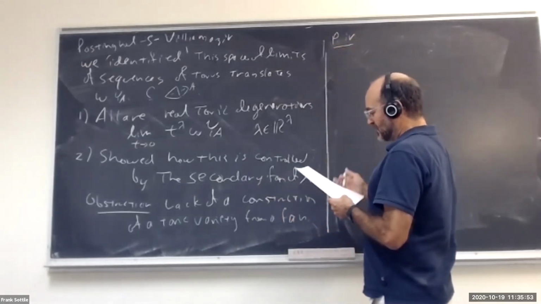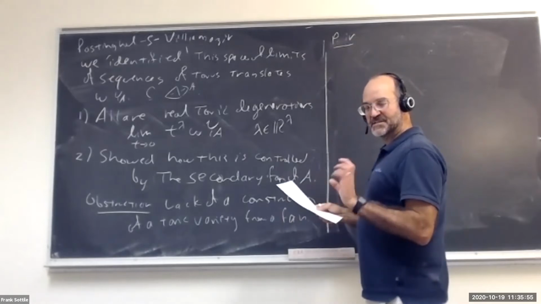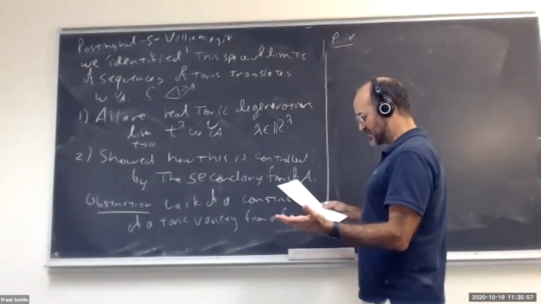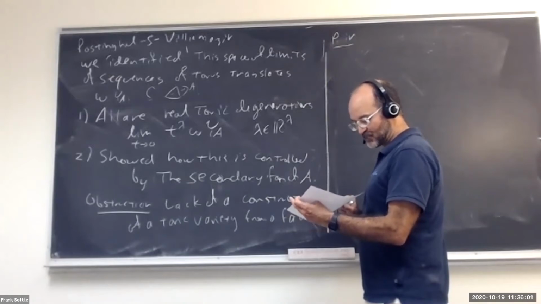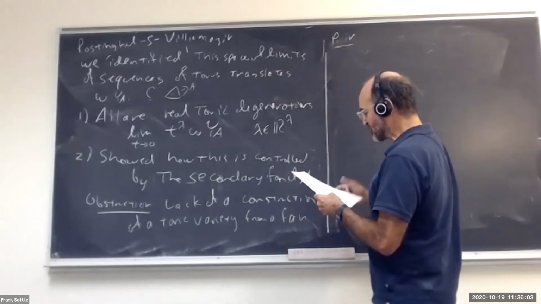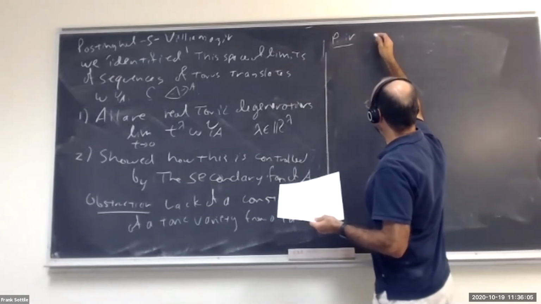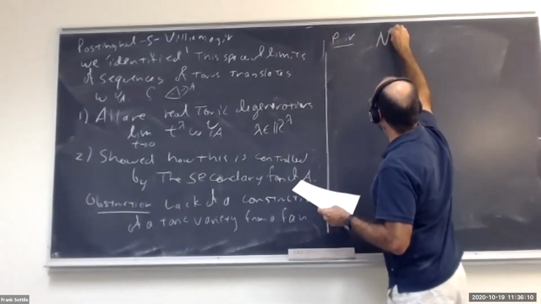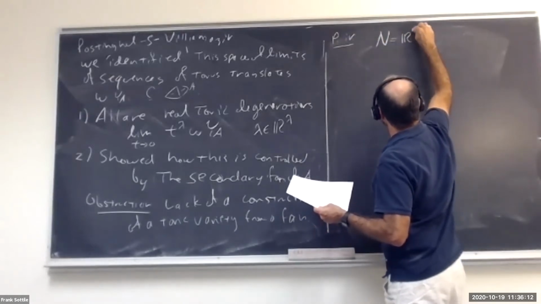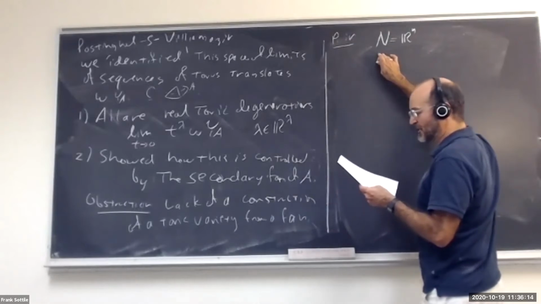And let me just give you the pieces of it. I don't have to say too much because most of us are familiar with how to construct a toric variety from a fan. Okay, so I'm going to use some notation which people in toric geometry use. N is going to be R^n. This is going to be like my space of cocharacters.